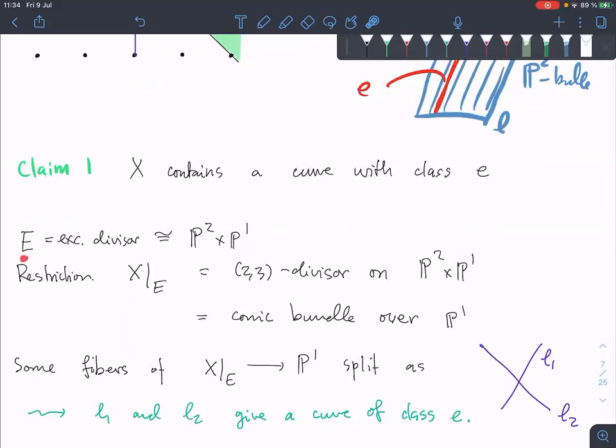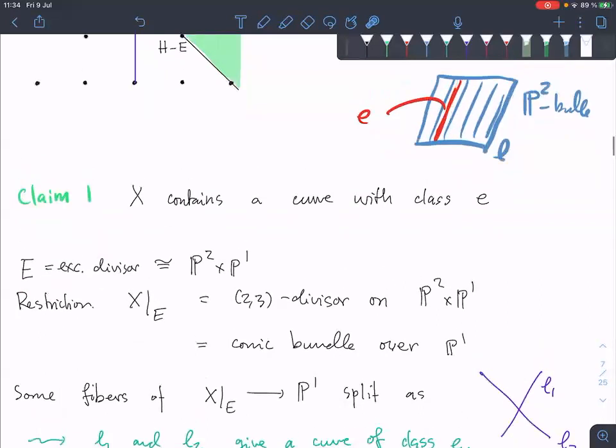So E is the exceptional divisor, and it's isomorphic to P1 cross P2, in fact. And if I restrict the equation, or the section of X, to this exceptional divisor, I get a 2-3 divisor on this here.